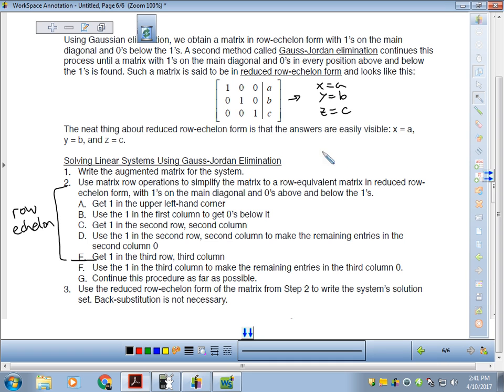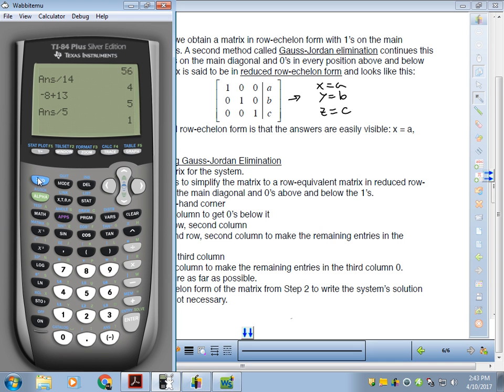Now, the nice thing is that the calculator can do this as well. So when we go here into our matrix menu and we look at the math, right underneath REF is RREF, which stands for reduced row echelon form.